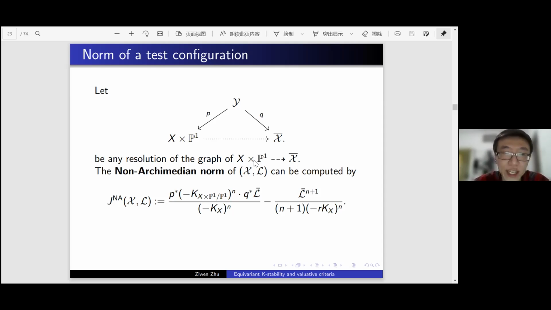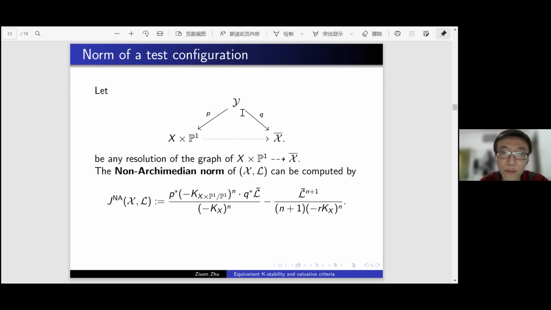Again, this is a little bit technical, but this is the definition of the non-Archimedean norm of a test configuration, where basically we look at a common resolution of the test configuration in question and a trivial family, X cross P1.